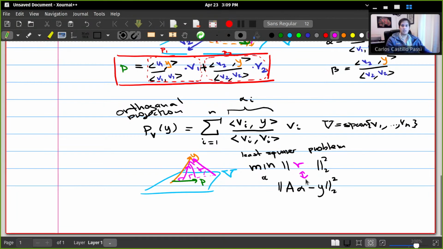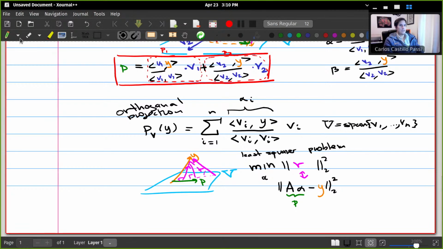And that's the point that I wanted to show. Basically, after obtaining the orthogonal projection, you have the minimum of the residual after obtaining this vector P. P, by the way, is this one, and Y is that one.